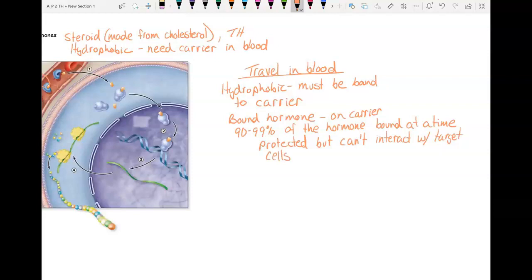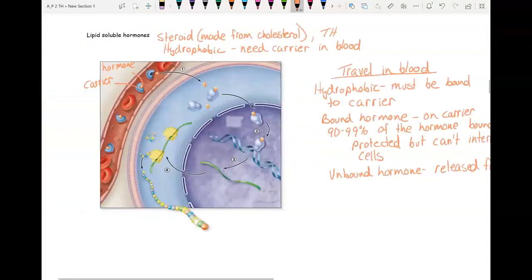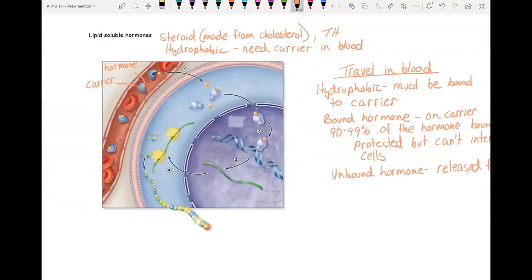In order to interact with the target cell, it has to become unbound. So an unbound hormone is released from its carrier. So here you can see it's unbound.